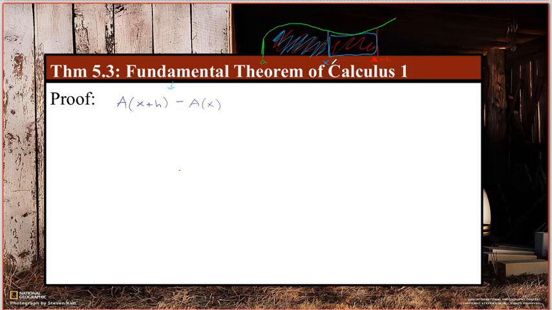And notice this distance from x to x plus h, that is h. So if you think about it, this area, I kind of drew it in a box, that's approximately, and let me write approximately, the function value of x, about that height, times h, which is the distance from x to x plus h. Alright, so if I move h to the other side, that is divide, then we get this approximation.